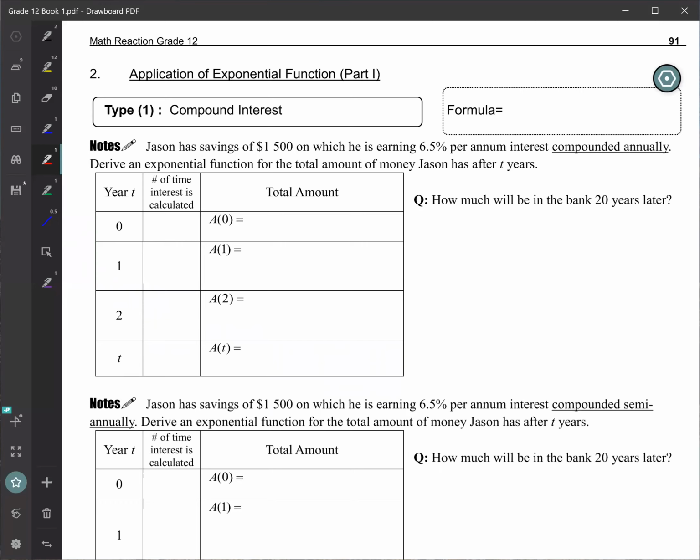When you deposit the money, it's like you are lending the bank your money, and they can take your money to do whatever they want. They can probably buy a property and then sell it, and make money, and then they share what they earn with you. And that's called the interest.